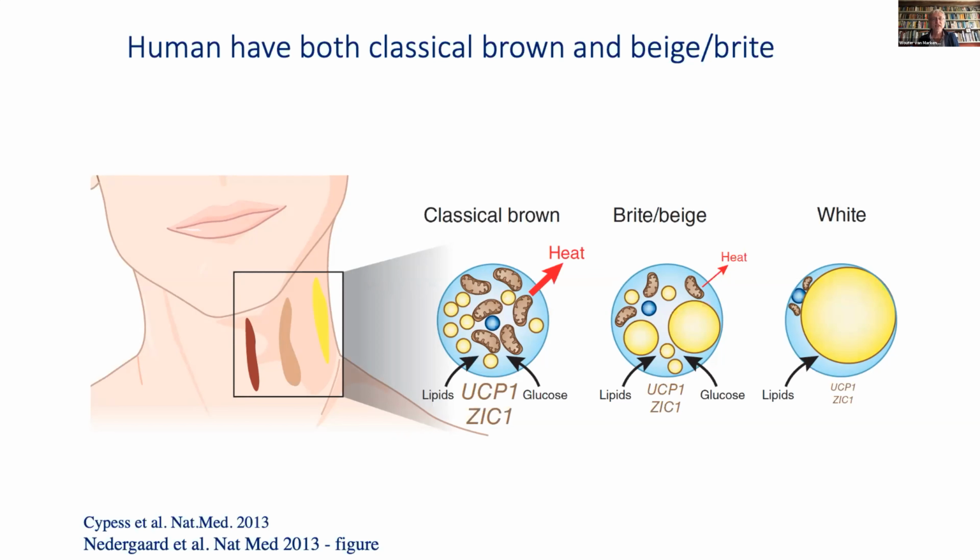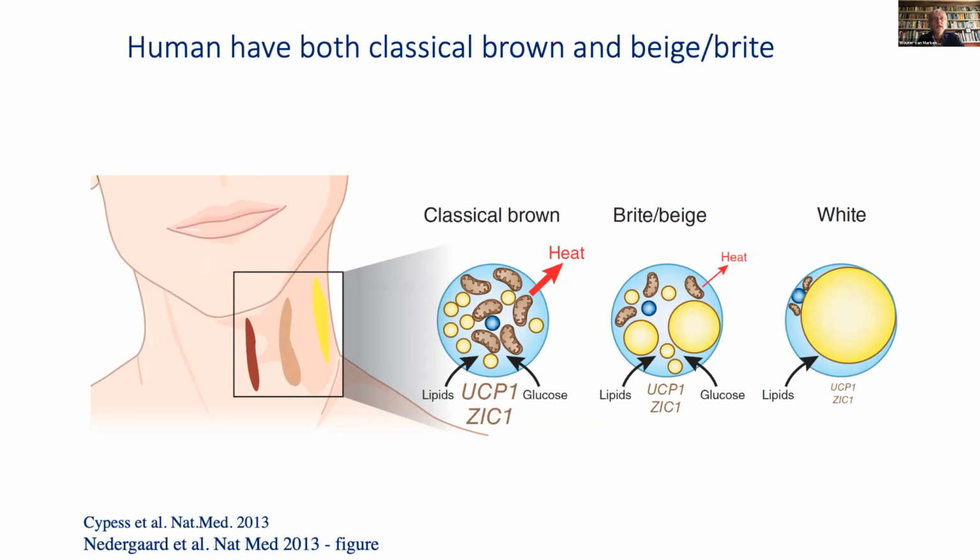This picture is a little bit too simple. It's more complicated, but it gives you an overview of the different types of fat we have in our body. For us thermophysiologists, the most important thing is that the beige cells can also be turned on for heat production. So functionally, that's the most interesting.